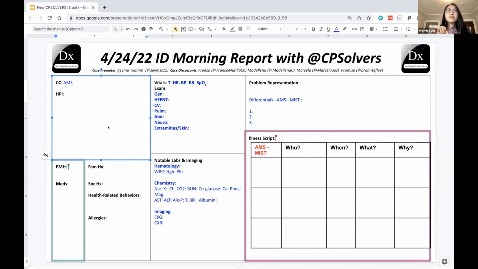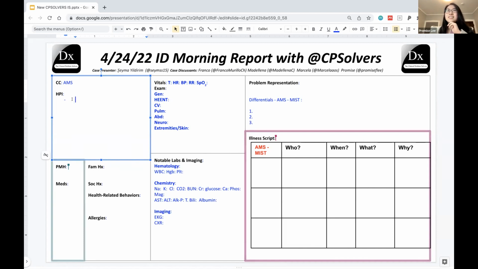And the last one is T, which stands for toxins. And for that, I will really want to take a good history to see if there are any exposure or any drug use that could be a pivot point for our differentials. That's all I have in my mind right now.